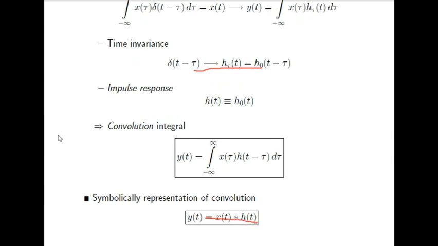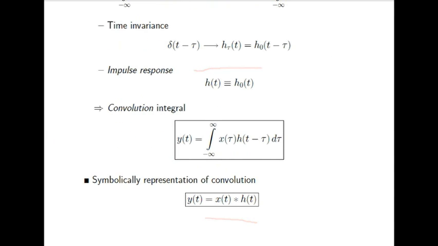Okay, this is also important, as the convolution sum is important. It is just similar to the convolution sum. The difference is that instead of n we have used the continuous time variable, and instead of summation we have used integration. So this is the similar symbolic representation of convolution.